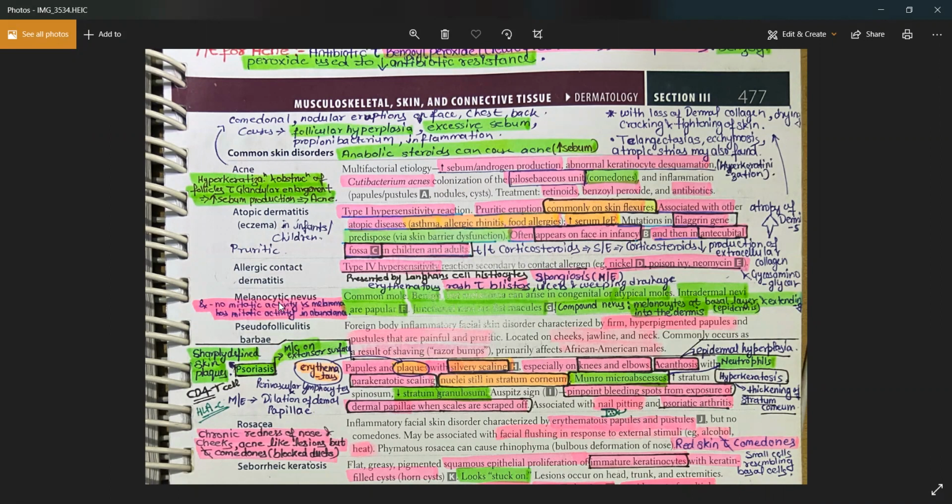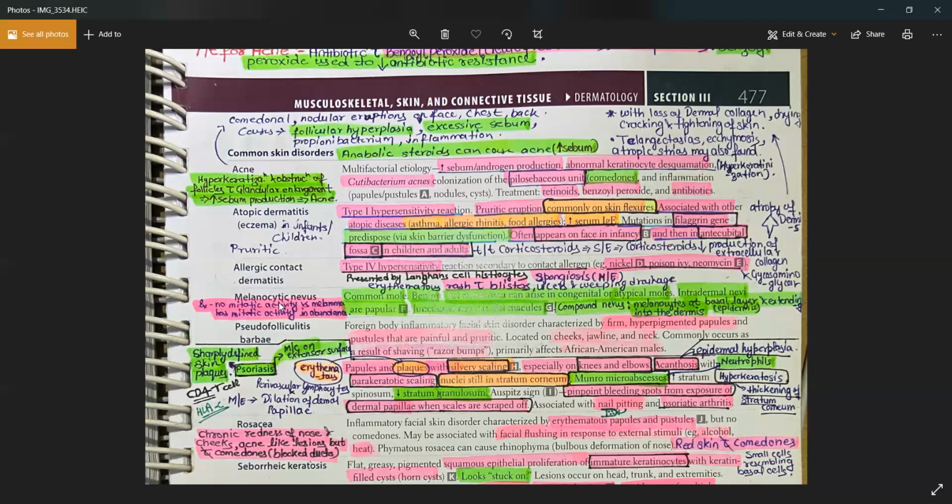Okay, and here are the features of the compound nevus. Sorry, we failed to discuss the features of the compound nevus. It will be a raised papule. See, the more superficial the location of the neoplastic cells, the more flat is the lesion. Like in case of the junctional nevus, you'll have the neoplastic cells in the epidermis at the junction, and the nevus is a flat macule.